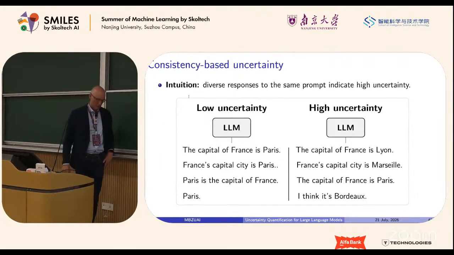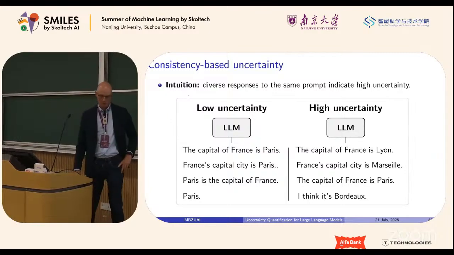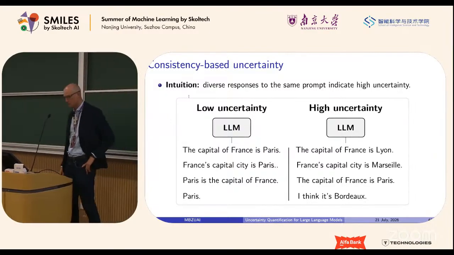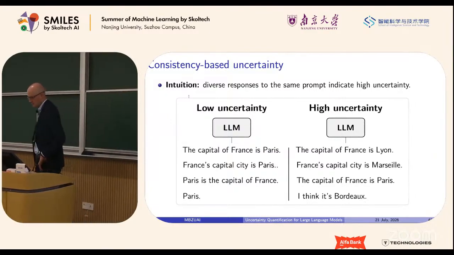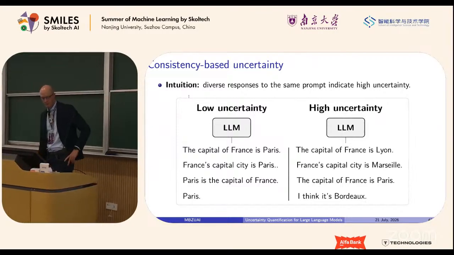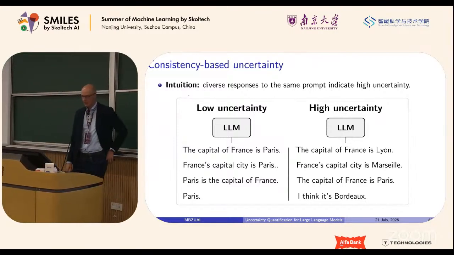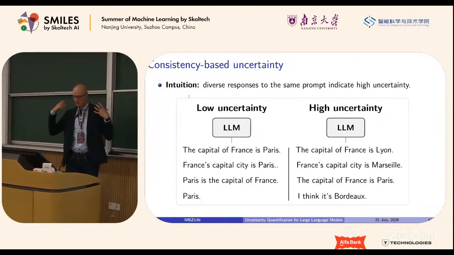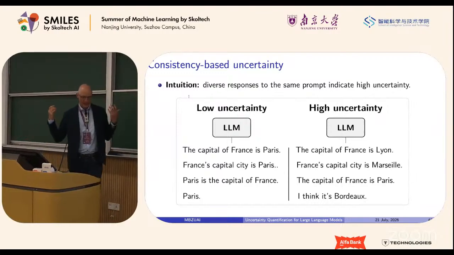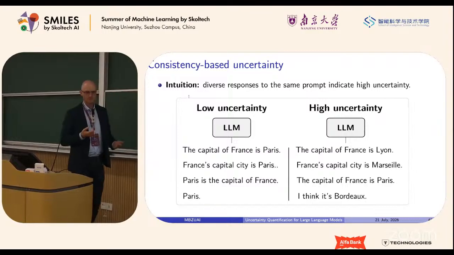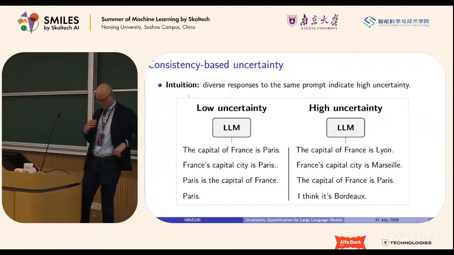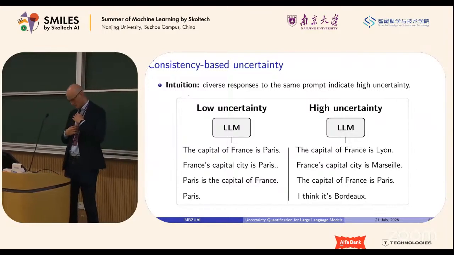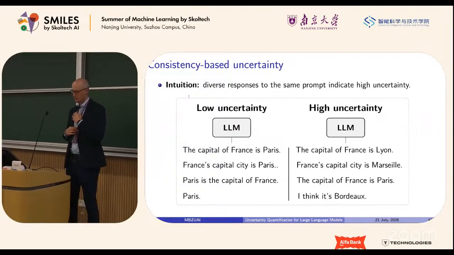So another approach that works way better. Actually, consistency-based uncertainty is one of the best-performing techniques. The intuition is like this. Let's ask the language model the question, and if it answers the same thing over and over again, then it is confident.